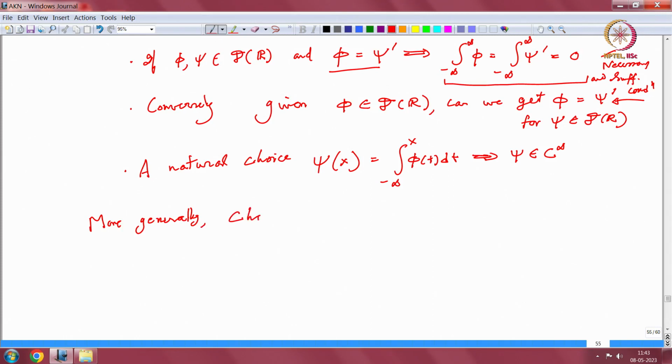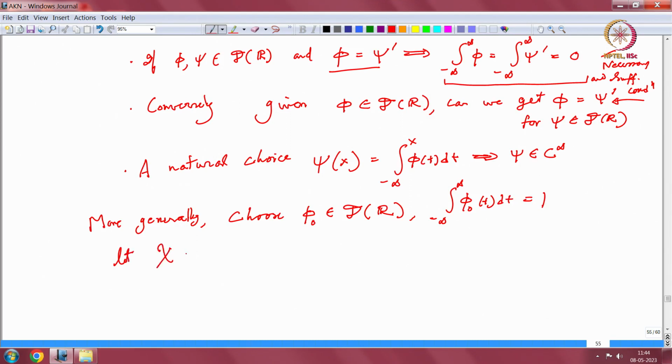We make a compact support by multiplying by a compactly supported function in D of R, and you normalize it so that the integral of phi naught dt is equal to 1.